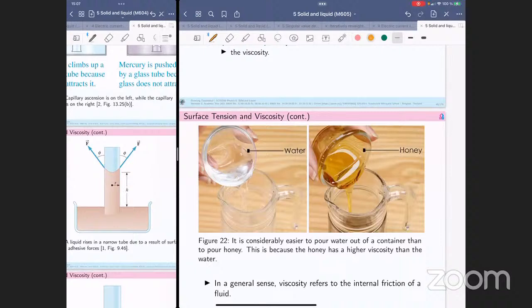It means that honey has more friction in different layers of its liquid. It's considerably easier to pour water out of the container than to pour honey. This is because the honey has a higher viscosity than the water.